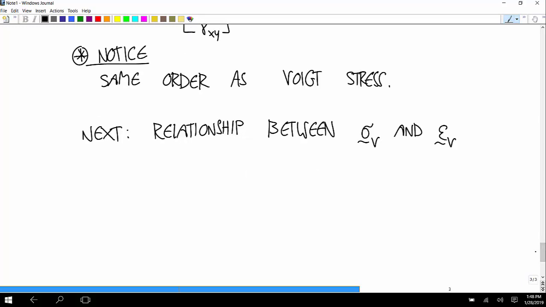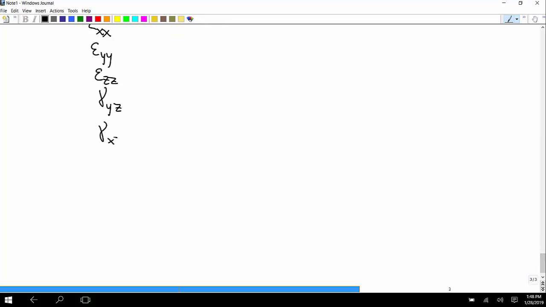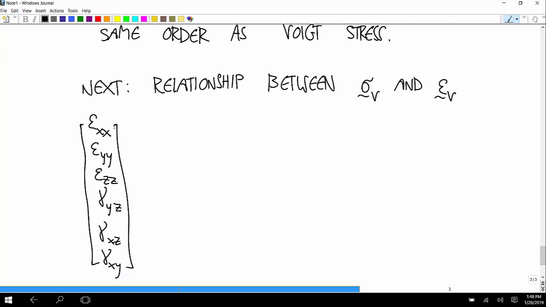And that relationship is that the Voigt strain is equal to a 6x6 matrix times the Voigt stress.